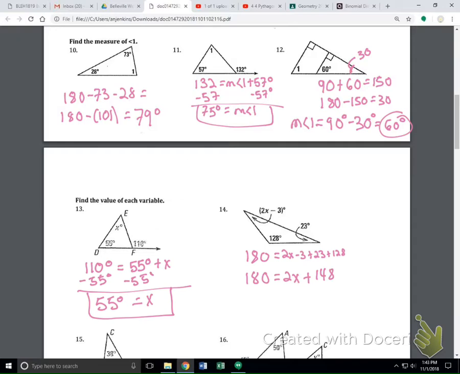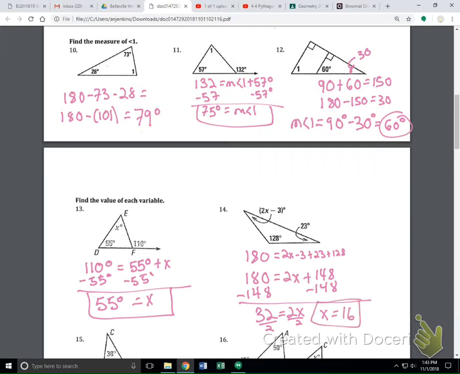You're right, Rito. And we're going to subtract 148 from both sides so we can get our like terms together, things without a variable. When we subtract 148, you get 32 equals 2x. We want to get that x by itself. We want to isolate our variable, so we're going to divide by 2. x equals 16.